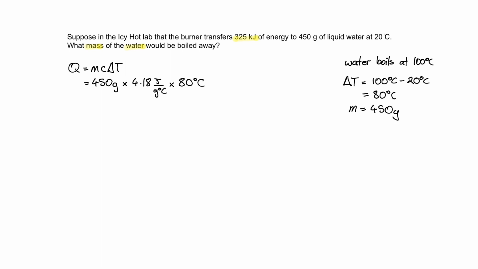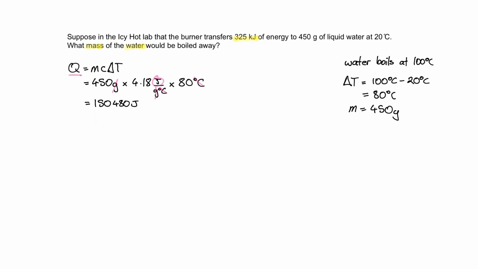Doing a quick unit check, we have Celsius and grams, we're left with joules, which is what we want. So we know that we're going to get an answer in joules. We can now plug it into our calculator, so we'll end up with 150,480 joules.